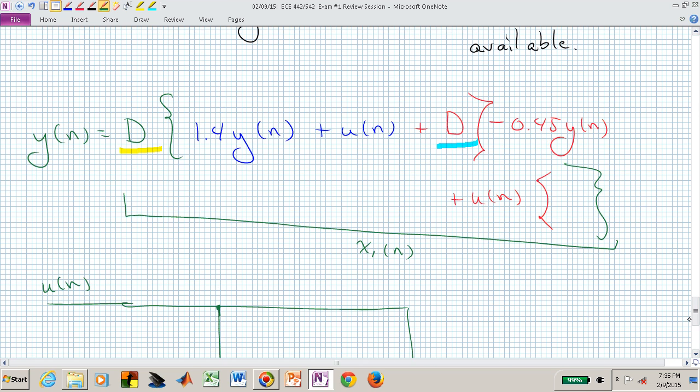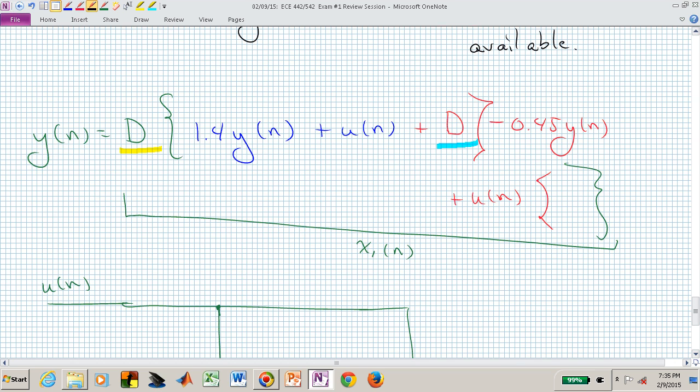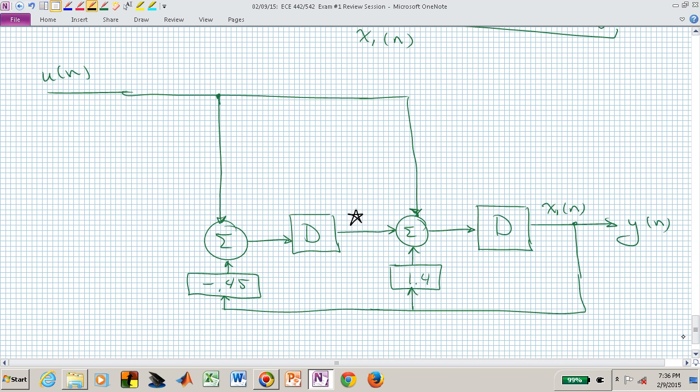That's the input to this rightmost delay, and the output of that, which is right here, is what all of this is. So I have 1.4 y of n plus u of n plus star all going into this rightmost delay.